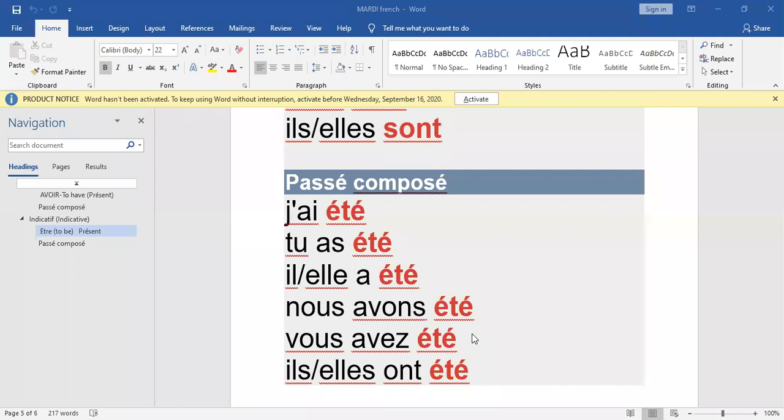Example is what you are seeing. And how does it go into the past? It goes into the past with avoir. Être does not go into the past with être. It goes into the past with avoir.